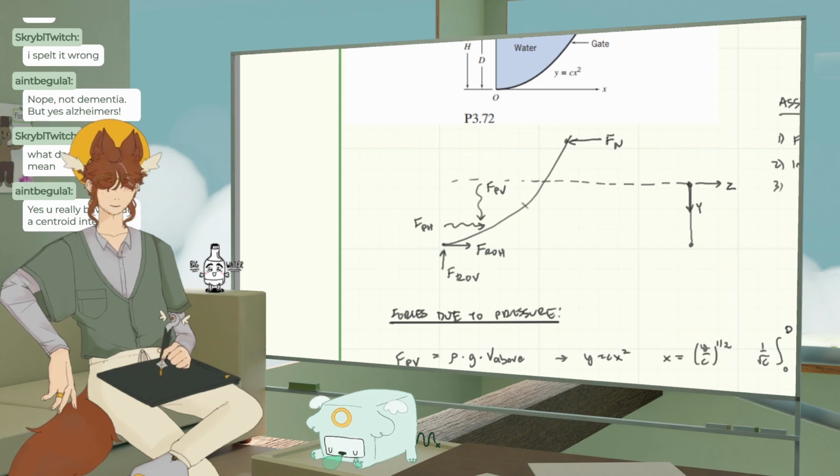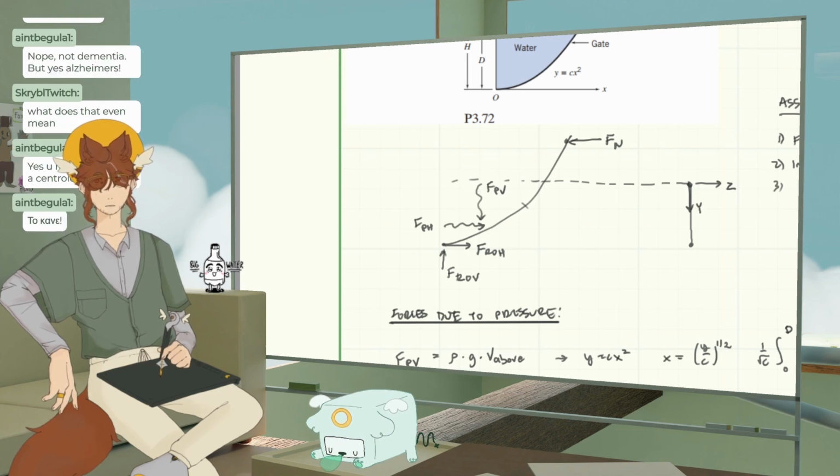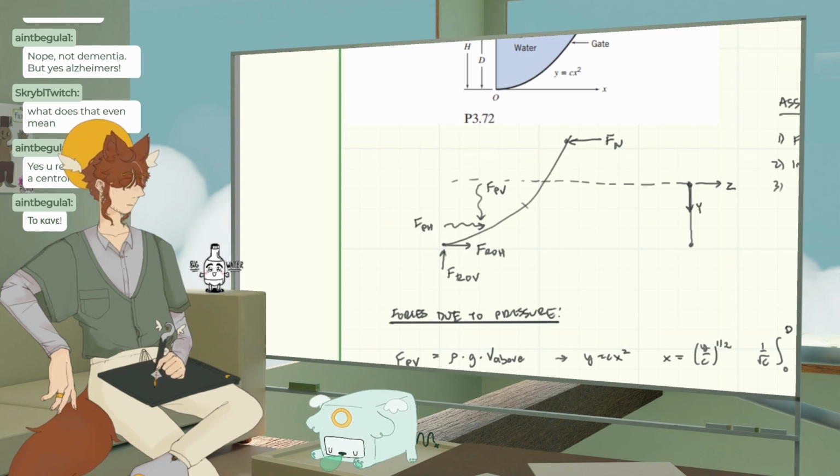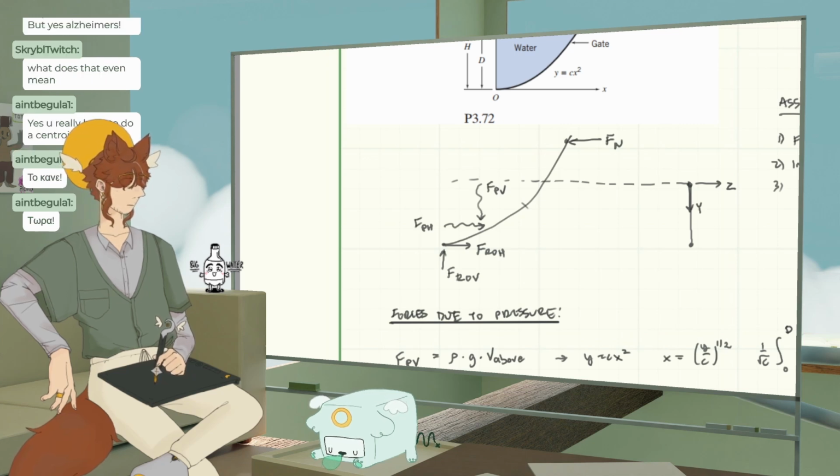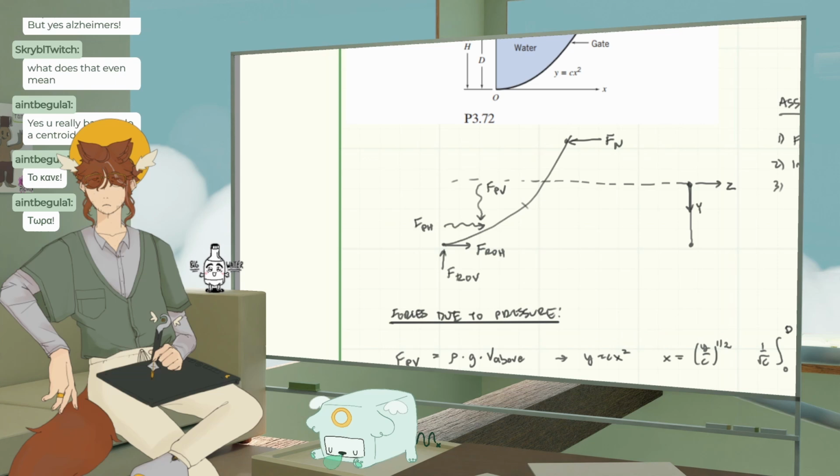I hate centroid integrals, man. Centroid, been a long time. It's dA times x. Yeah, so it is x. Wait, that's so easy. Why did I think this was hard?